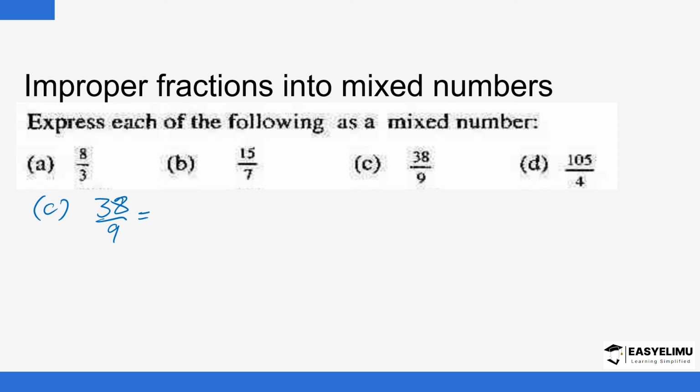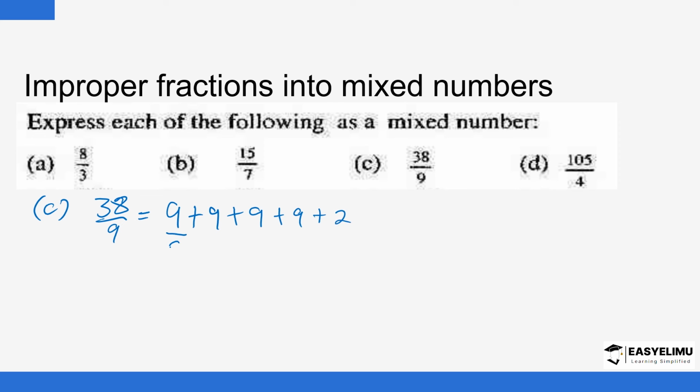Then we add the remainder that will give us 38. So we have 9 plus 9 is 18, plus another 9 is 27, plus another 9 is 36. You see 9 is added 4 times, that will be 36. So we need to add 2 to make it 38.